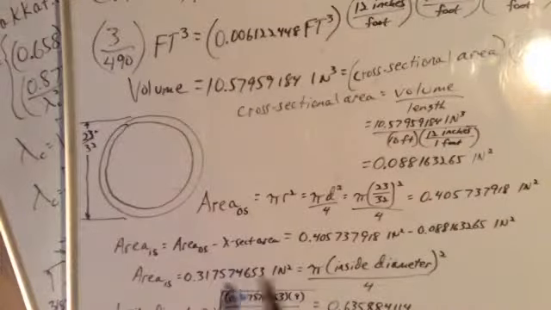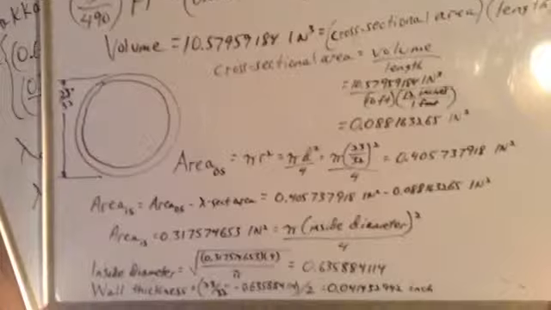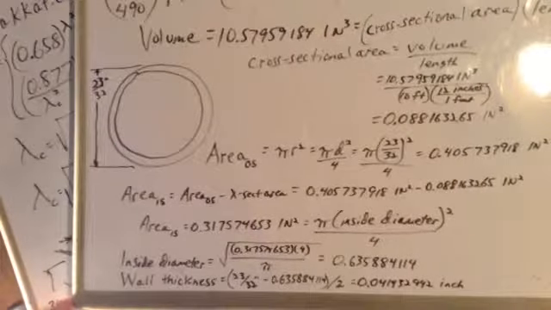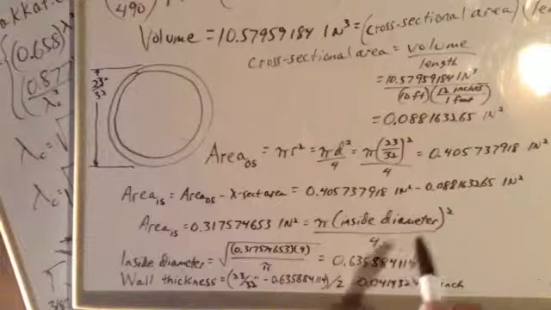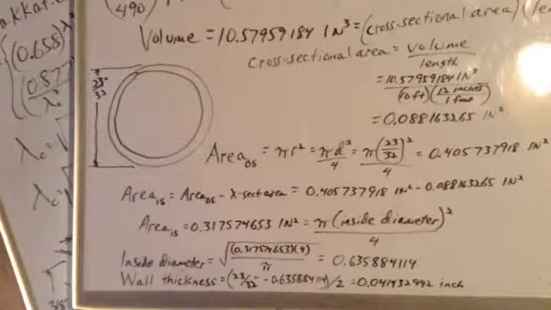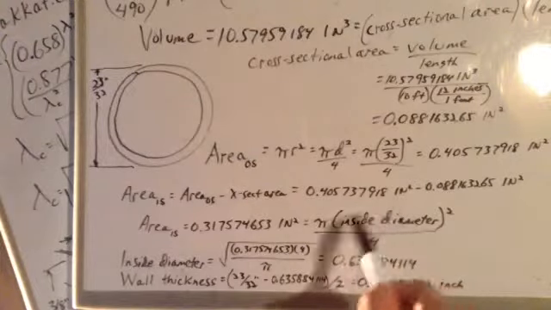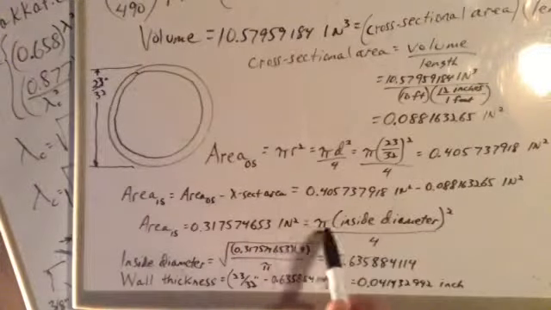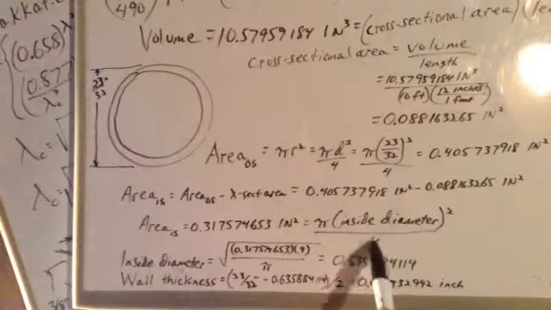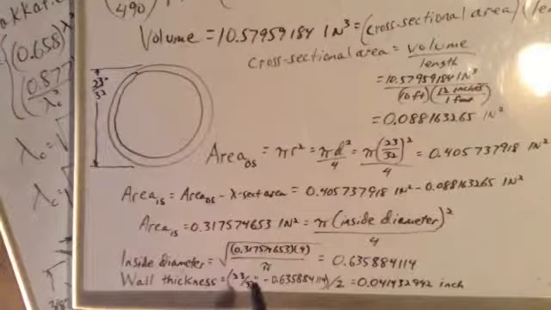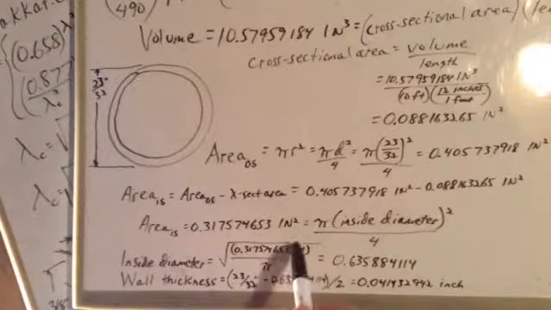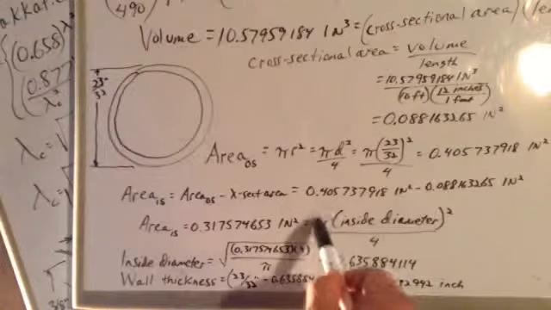So let's figure our inside diameter. It's the same old formula: pi times diameter squared over 4 equals area. We know the area, and the inside diameter is what we're looking for. So we multiply both sides of this equation by 4, and we divide each side of the equation by pi.